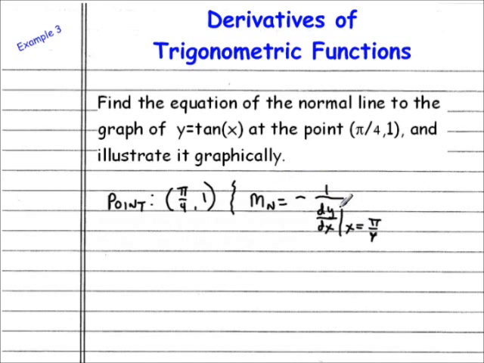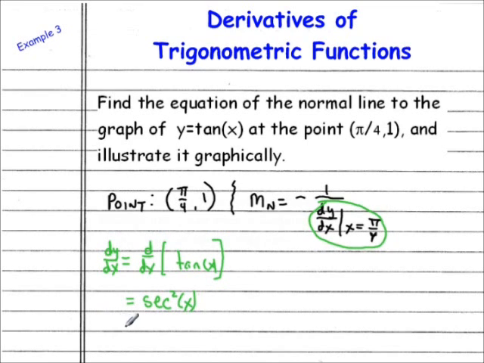So our job right now is actually to calculate this derivative and evaluate it. That's what we need to work on. So let's go over here and do that work. The derivative of y with respect to x, of course that's the derivative of the tangent of x. Well, the derivative of tangent x is secant squared x.